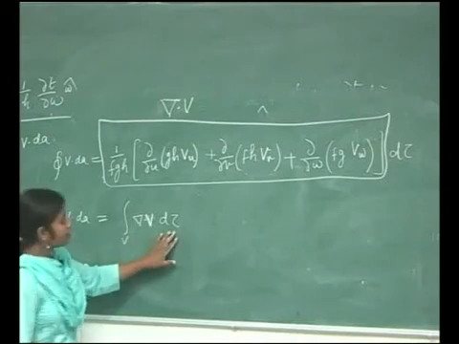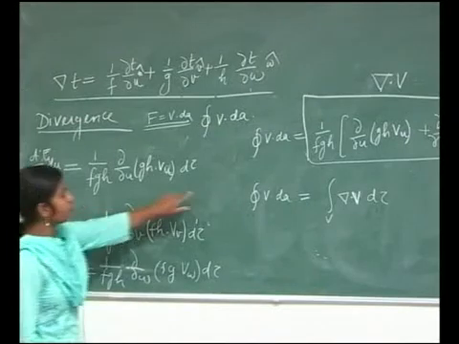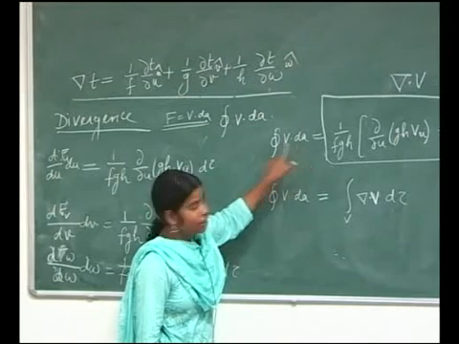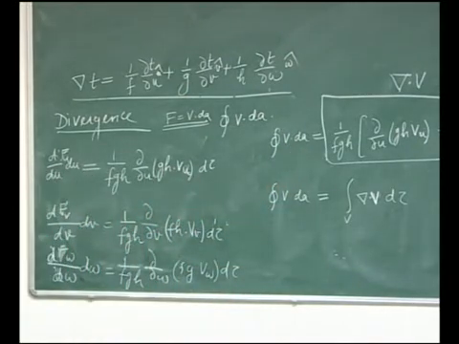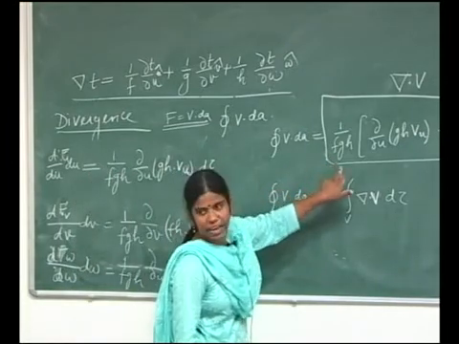Again, the argument we wrote earlier: for a very small area, the integral of V dot dA will be equal to V dot dA, and the integral will go away. For infinitesimally small areas, small volumes and small lengths, I can make this assumption. So in that case, this is your expression for divergence.